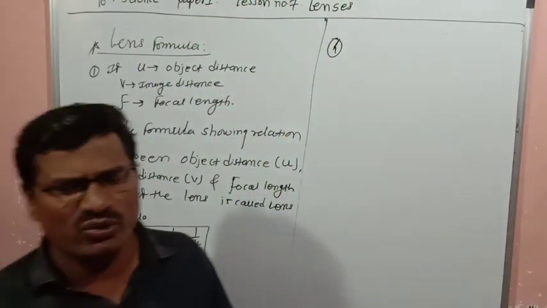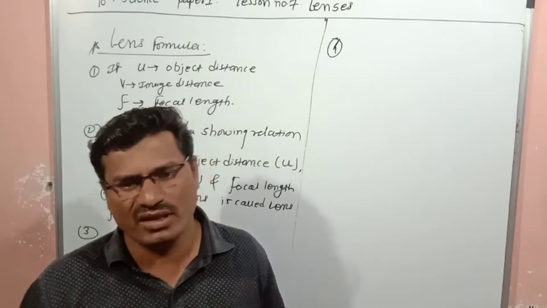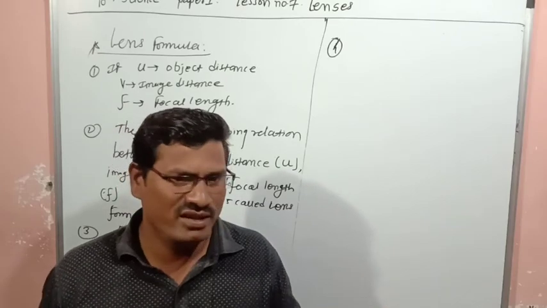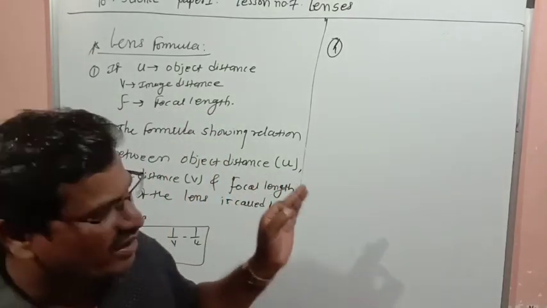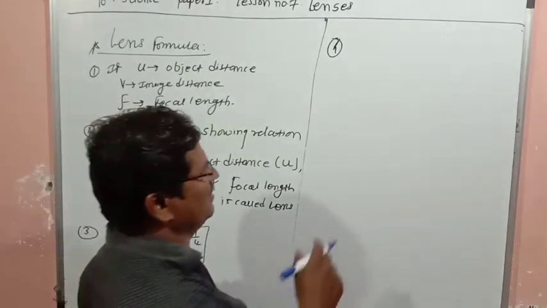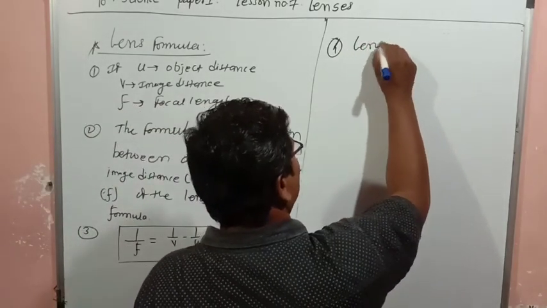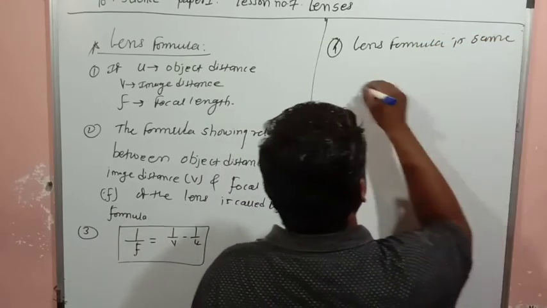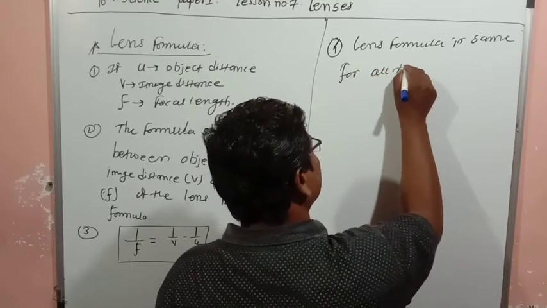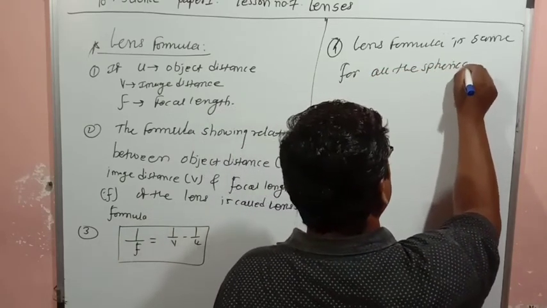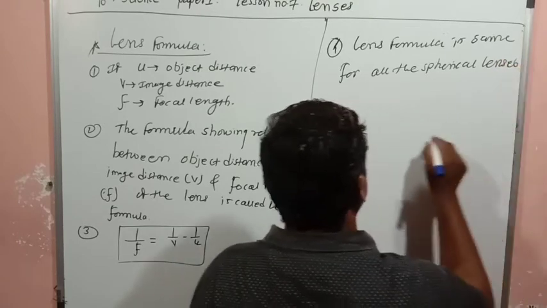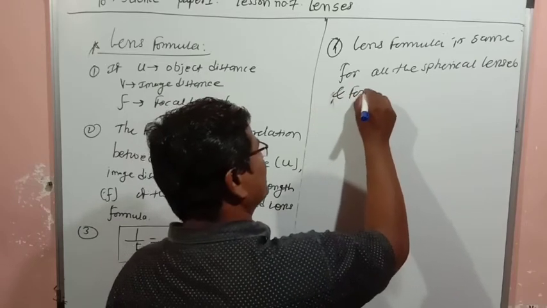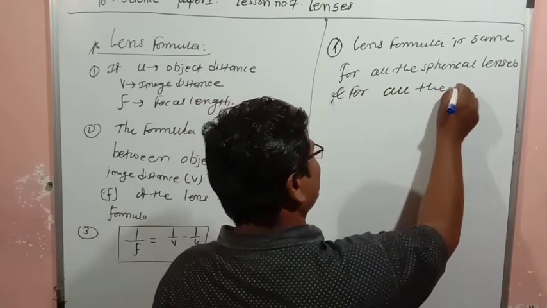Fourth point: the lens formula is the same for all the spherical lenses and for all the object distances from the optical center.